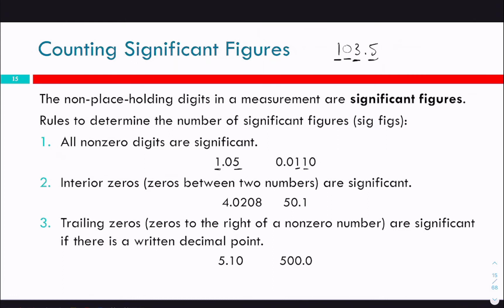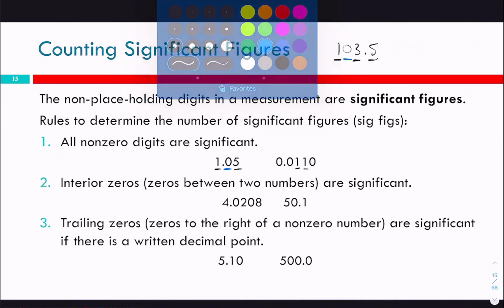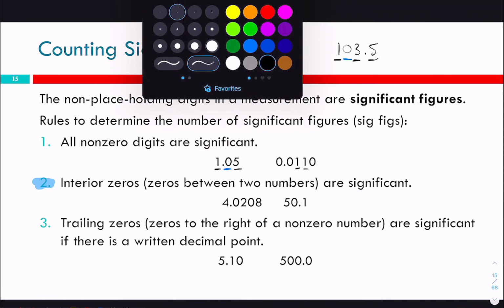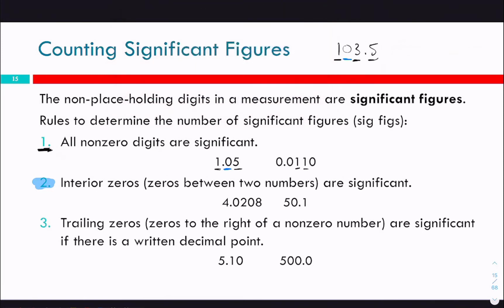We can even look back to number 1 here. Maybe I should do this in a different color. All right, I'm going to do this one in a different color too. That is going to be significant. All right, so the blue is rule 2. So looking at these other 2 examples here, we can apply rule 1 and say that 4, 2, and 8 are significant.